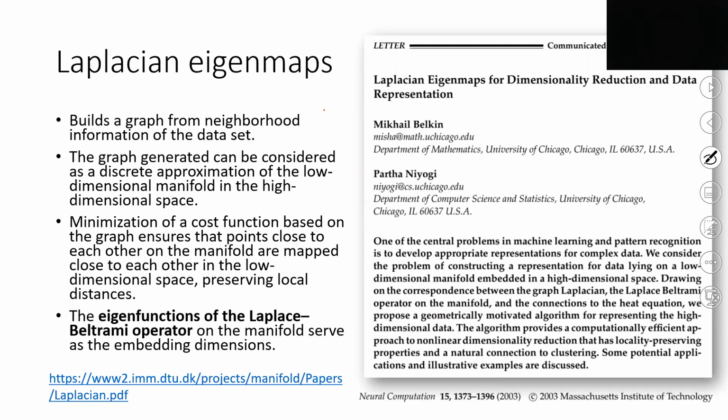Next method we are going to cover is called Laplacian eigenmap. I believe you already know Laplacian, and I had the blackboard demonstration that the Laplacian matrix L is the degree matrix D minus W, or A, the adjacency matrix. So the same thing applied here.